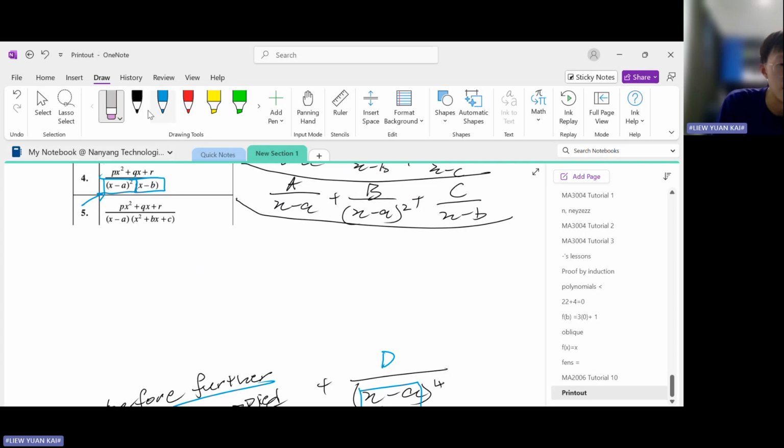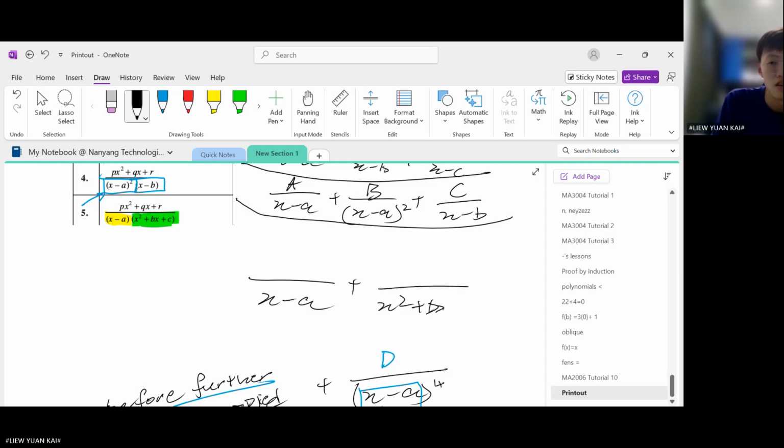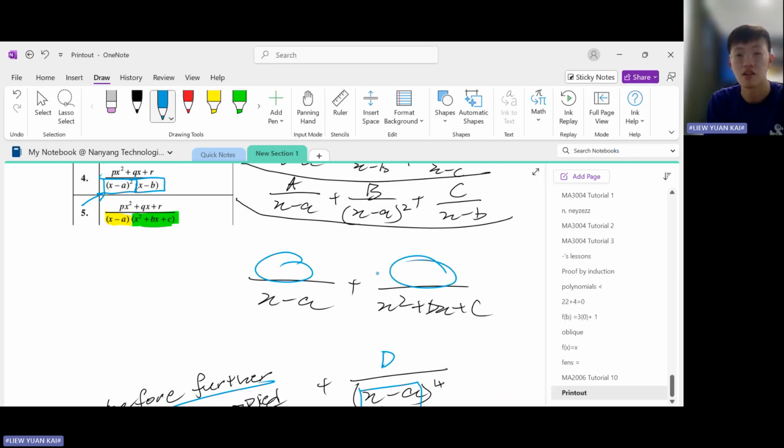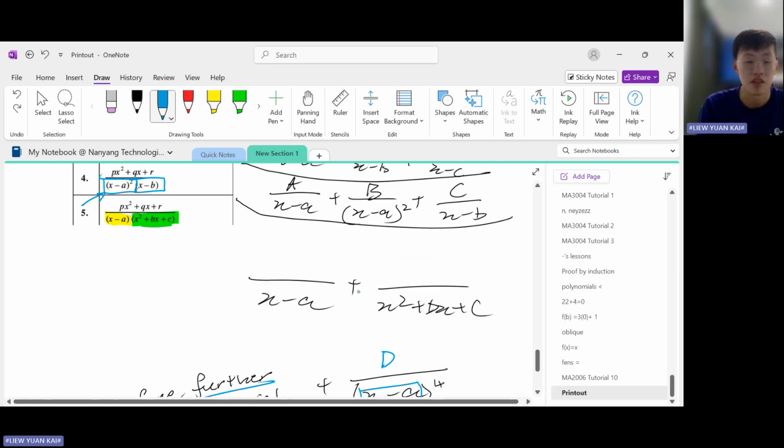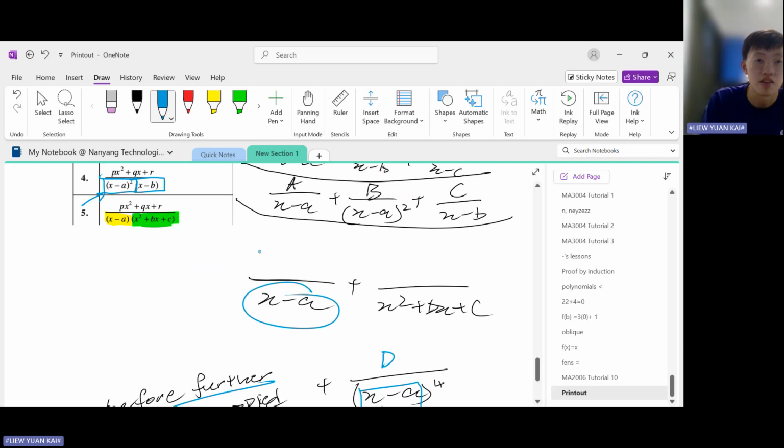So what do you do in this case? It's just like before. First, copy out these two factors as separate fractions. Next, fill up the top. The top is always 1 degree less than the bottom. This is a linear, and 1 degree less than that is a constant.